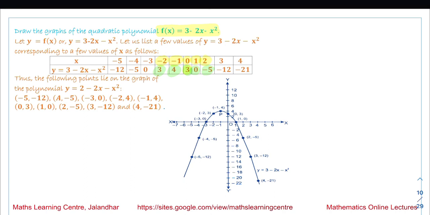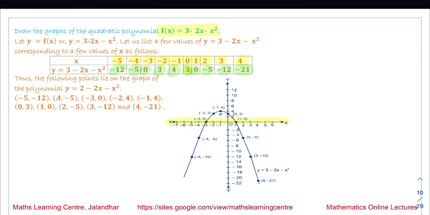Likewise, corresponding to the points minus 5, minus 4, minus 3, minus 2 and 3, 4, we have calculated the values of this polynomial. When we draw these points on the graph, this is the x-axis, this is the y-axis, and we have plotted all these points.